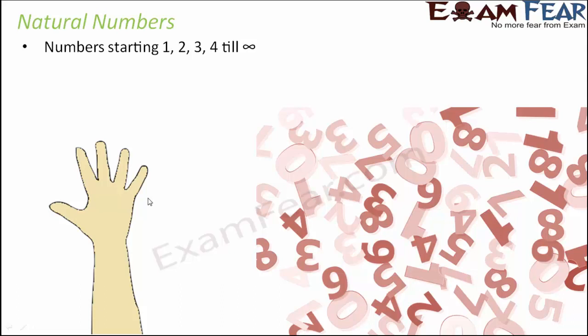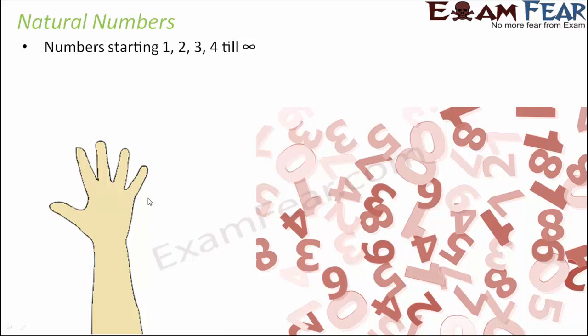The number of fingers in your hand is 5, which is a natural number. Now, if I ask you how many hands do you have, that's again 2, which is a natural number. If I ask you how many pages are there in your book, maybe 500 or 600. When you look at all such examples around you, you'll see numbers.